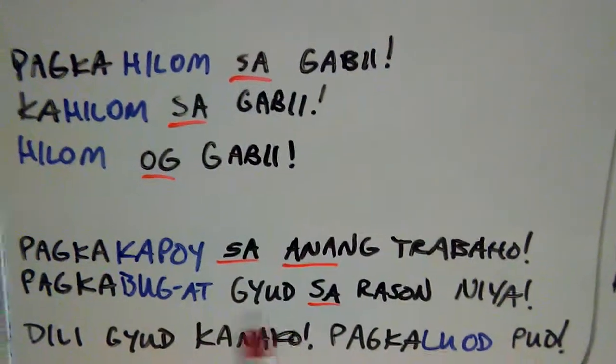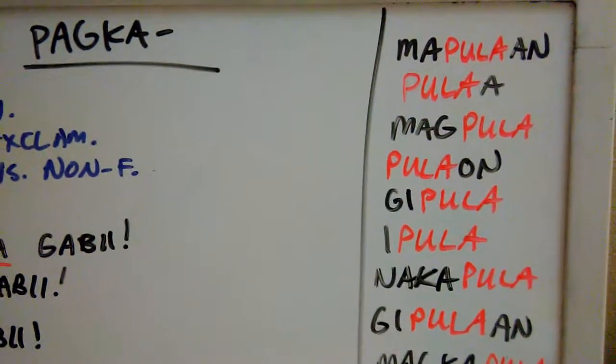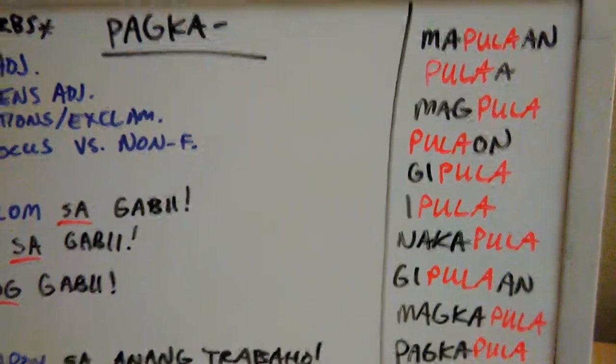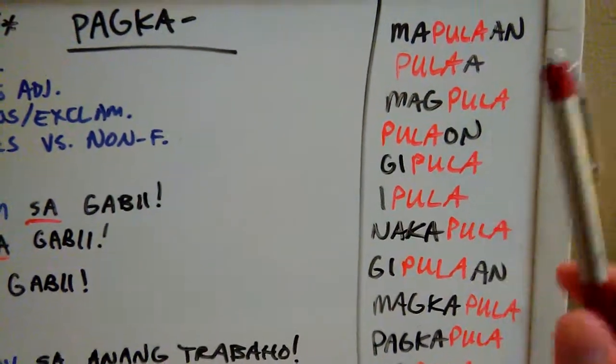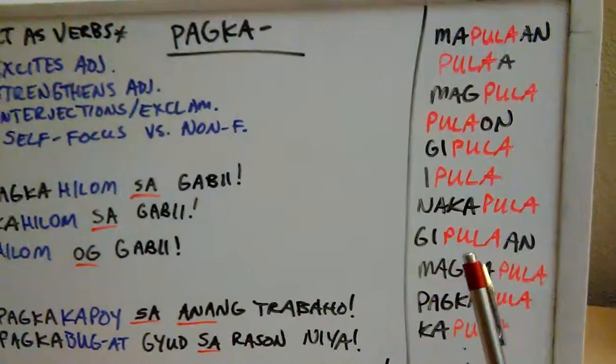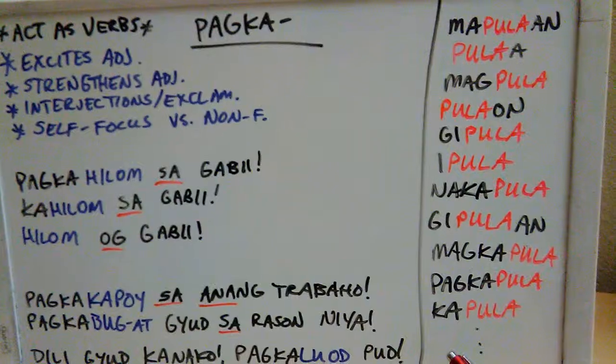Now again, going back to adjectives acting like verbs. On this side I put in another adjective, pula, and this is what I mean by how they can act as verbs, because they also take in those same affixes as verbs, right? And it just keeps on going.